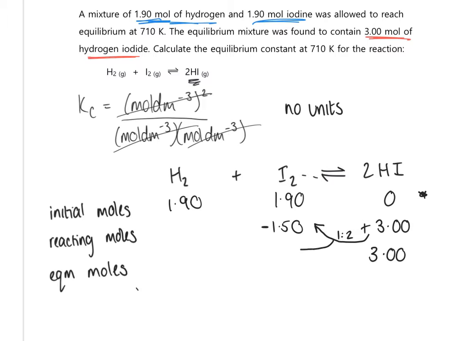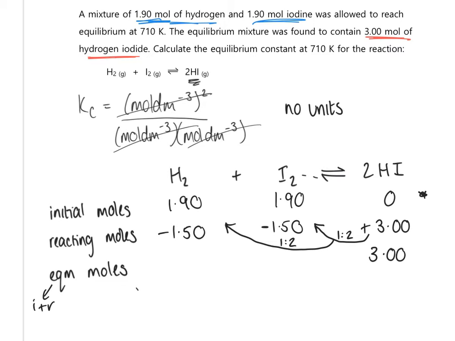Okay, and then I do the same for hydrogen as well. Need to use my ratio. Again, my ratio is 1 to 2. And so again, I'm going to see that 1.5 moles of hydrogen is being used up, and so it needs to be a minus as well. Okay, equilibrium is initial plus reacting moles. So what are my equilibrium moles of hydrogen?